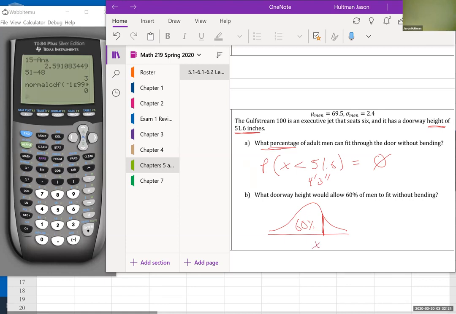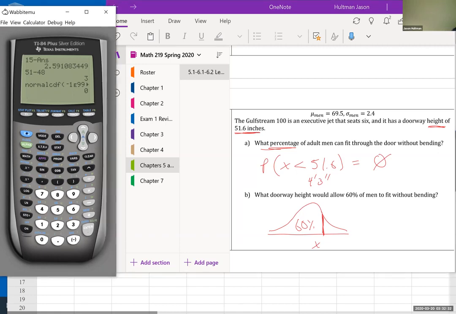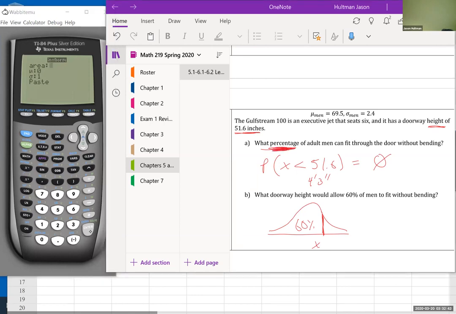And we want everything 60% to the left, right? To the left. That's inverse norm. If they want you to calculate the percentage, what percentage, then that's normal CDF. If they give you the percentage, that's inverse norm.